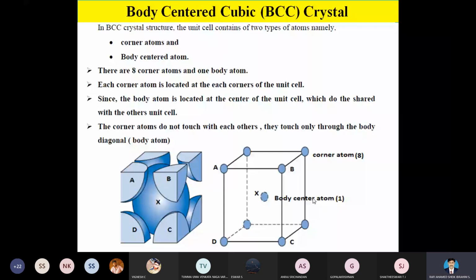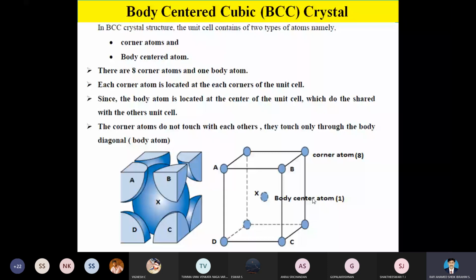A cubical glass box, and inside the cubical glass box, we drop a big ball. If you look at the contribution of that ball, it does not contact the other unit cells because it is located exactly at the center of the unit cell. So that ball contributes only to its own unit cell.